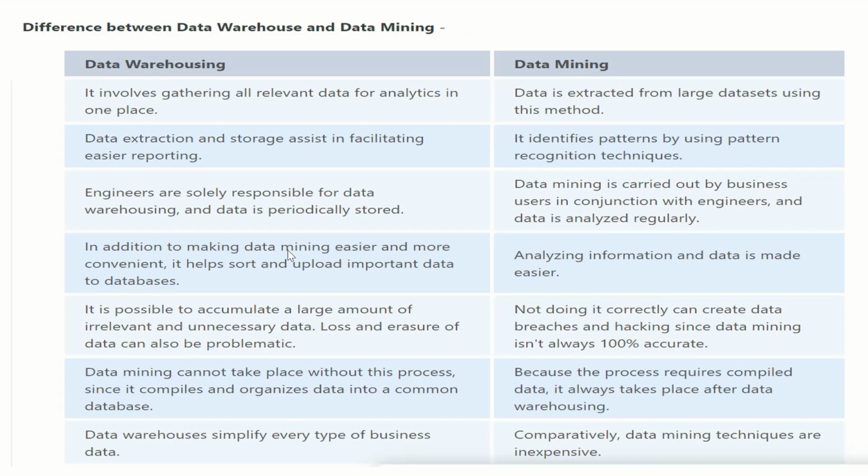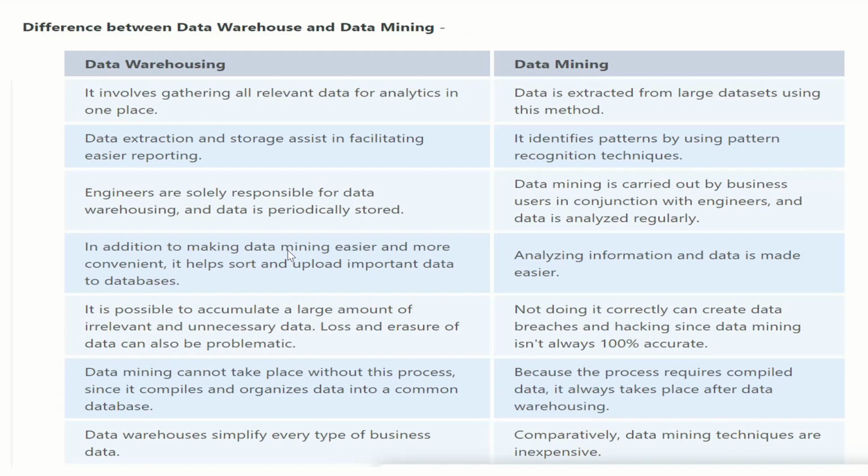The fifth point in data warehousing is that it is possible to accumulate a large amount of irrelevant and unnecessary data. Loss and erasure of data can also be problematic. The fifth point in data mining is that not doing it correctly can create data breaches and hacking, since data mining isn't always 100% accurate.